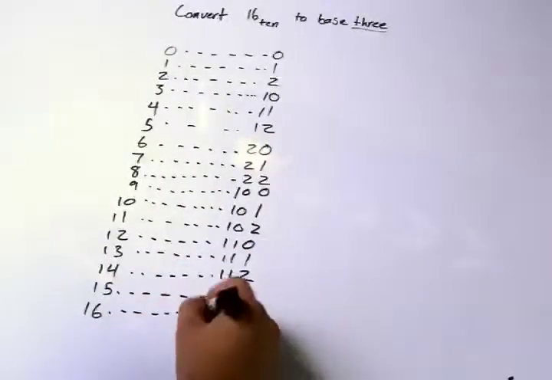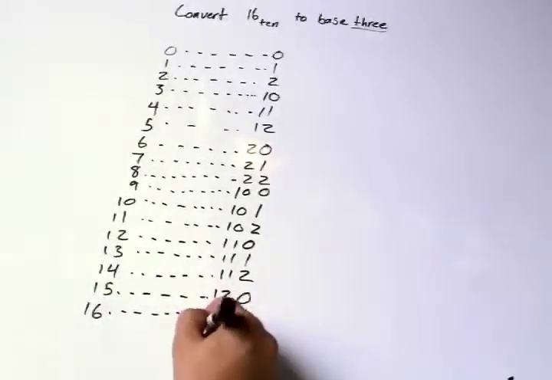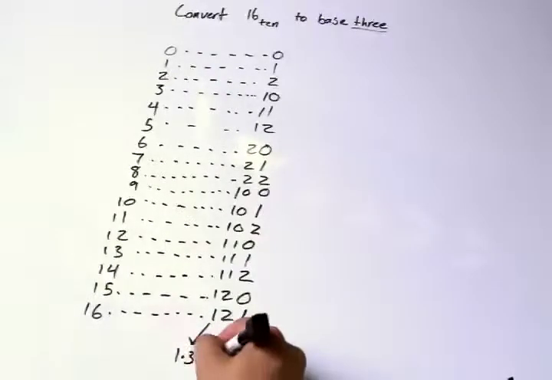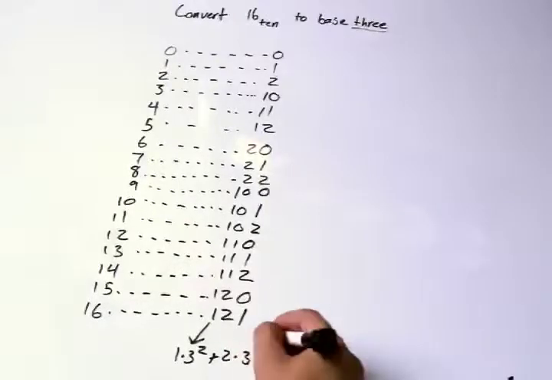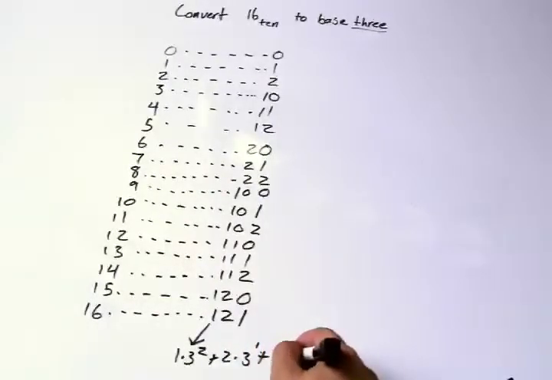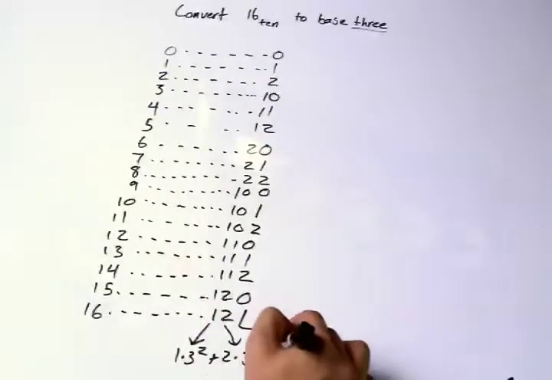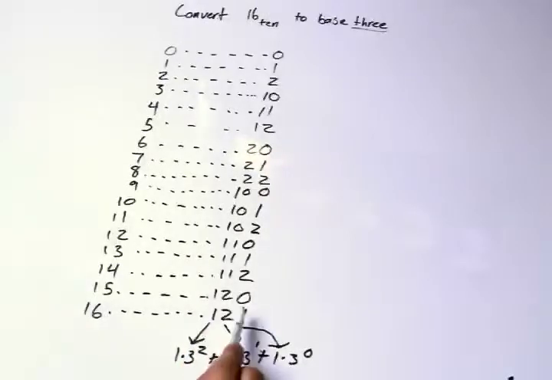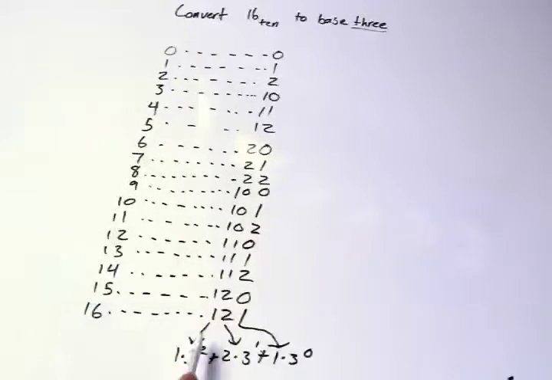And the last one, sure enough, ends up being 1, 2, 1, which represents the same thing as 1 group of 3 squared plus 2 groups of 3 to the first plus 1 group of 3 to the 0. All that I'm doing right here is using the digit in the placeholder, which is a 1, drops down, and you begin with 0 here, so it's 3 to the 0, 3 to the first, 3 to the second.